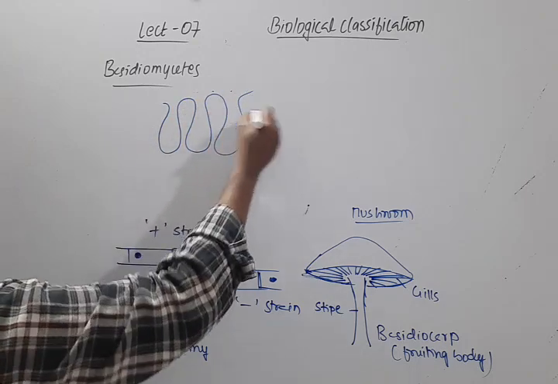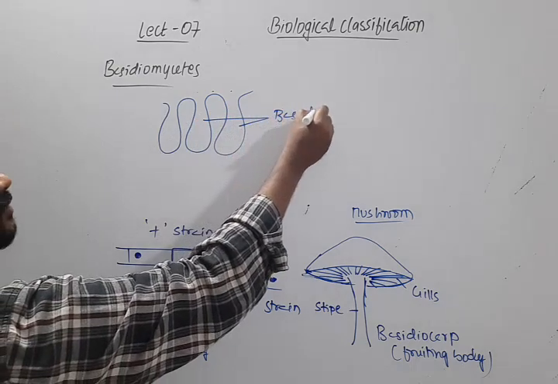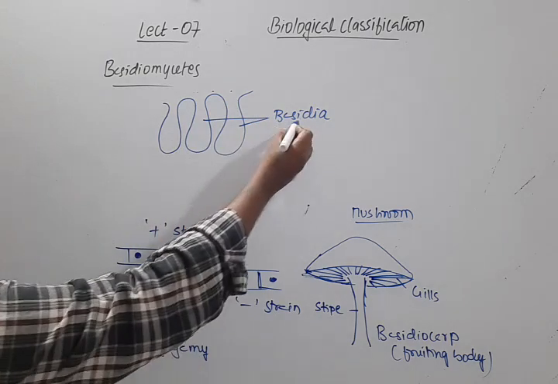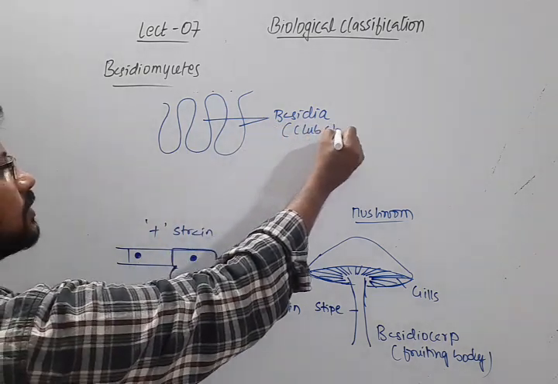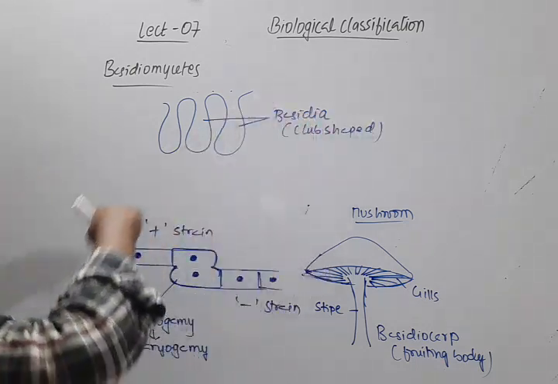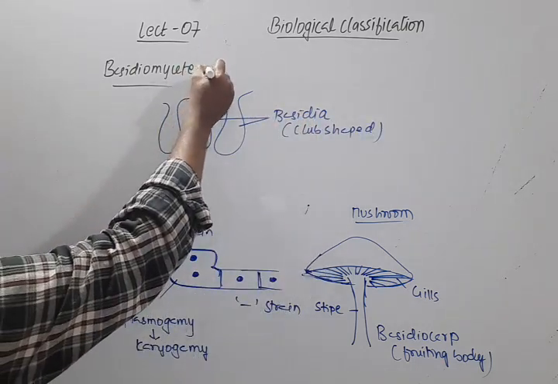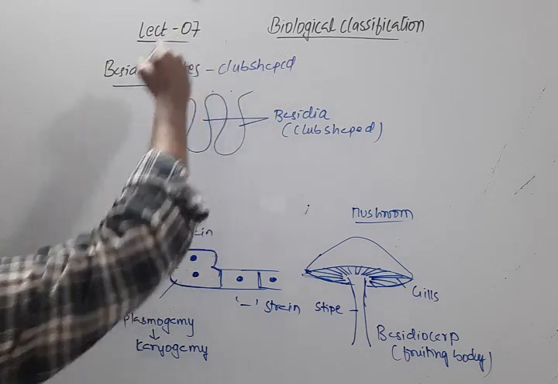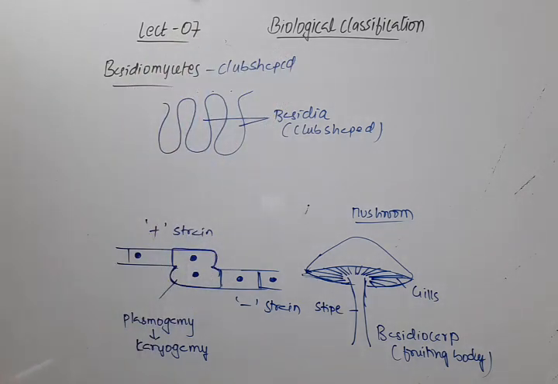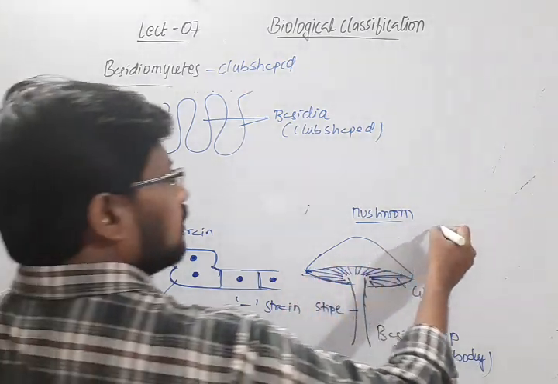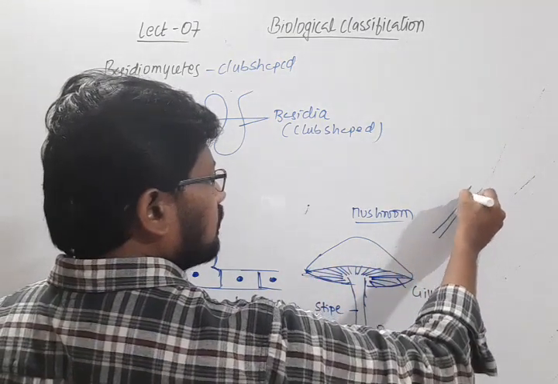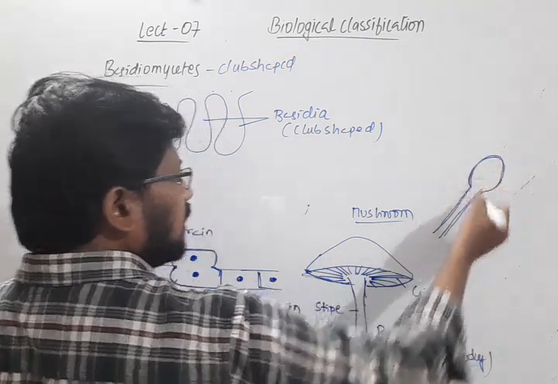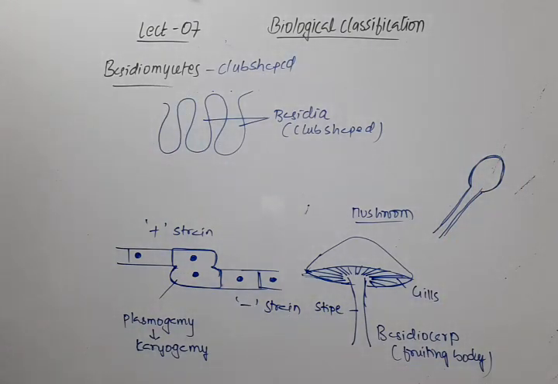These are called basidia, and these basidia are club shaped. It is because of that the basidiomycetes are commonly called club fungi. Why does it have that name? Because the basidia are club shaped. Club shaped means one with a narrow stalk-like part, and on the top a bulb-like part.